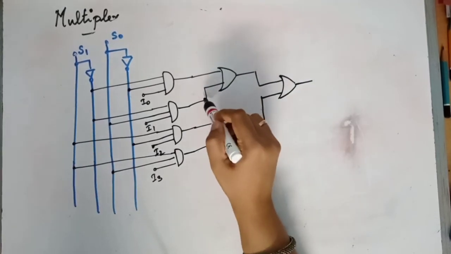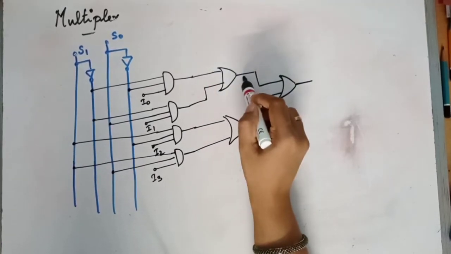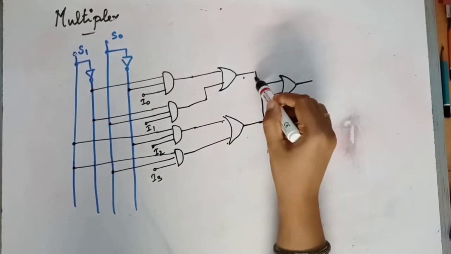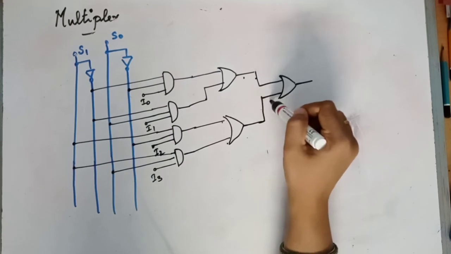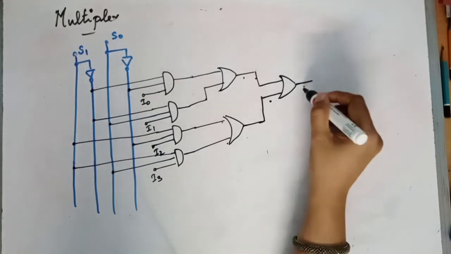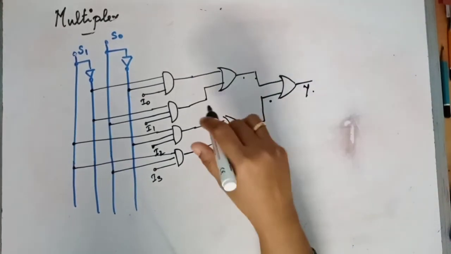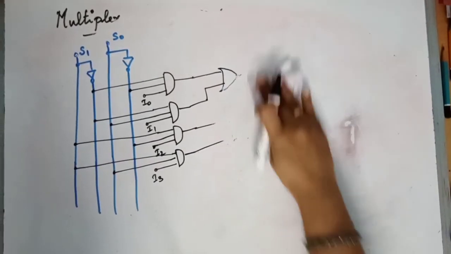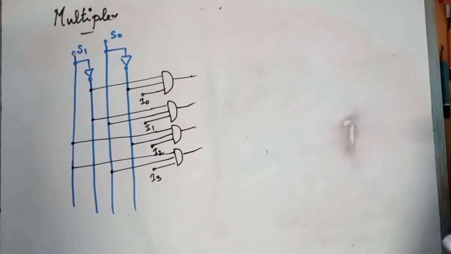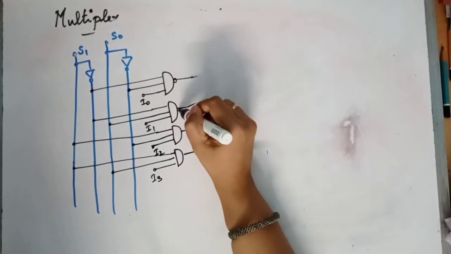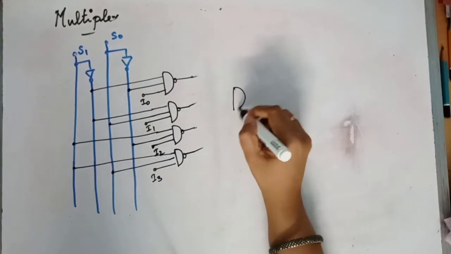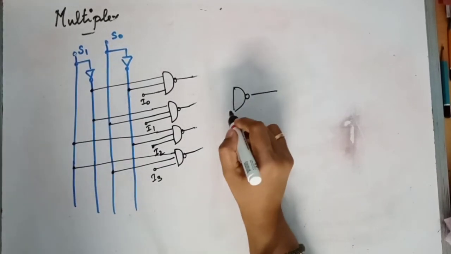So this is the first term plus second term here. This is third term plus fourth term here. So first term, second term plus third term plus fourth term, you'll get your Y here. You can do it like this, or if you want to do it using a NAND gate, then you can put NAND everywhere, and a final NAND.